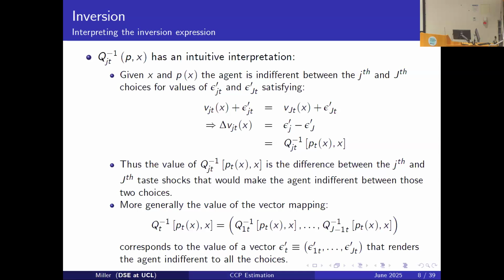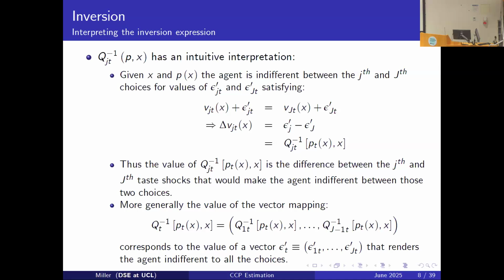And so what that is saying is that the difference between the V's must be the difference between these two epsilons when you're indifferent. In other words, when you've got a pair of epsilons such that you're indifferent between those choices, that gives you the Q minus 1. So that's a way of thinking about what this Q minus 1 actually is in terms of the underlying economics of the problem.